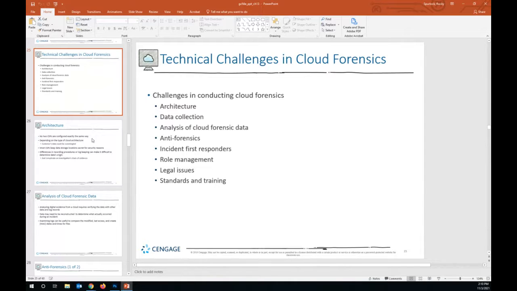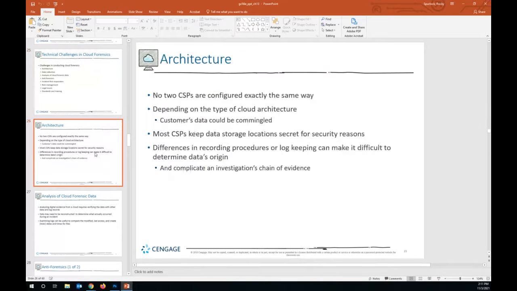So let's look also at database administration and security, software security, and international relations. So we'll start with looking at the architecture.